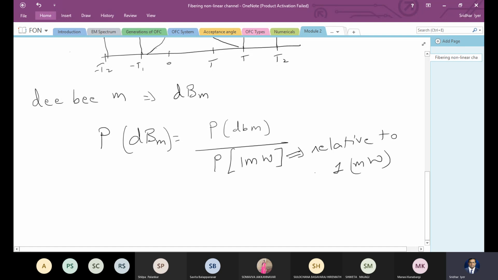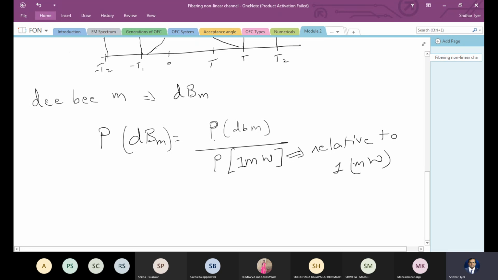Why 1 milliwatt? Because the source and the receiver in optical fibers can only survive milliwatts of power. If you give watts of power to a laser or an LED, they'll blow up on you, right? Therefore, the power levels are in milliwatts for optical fiber communication. So dBm is specified as the output power.